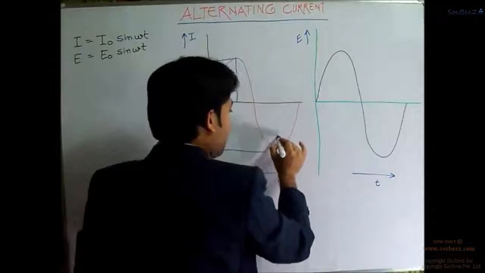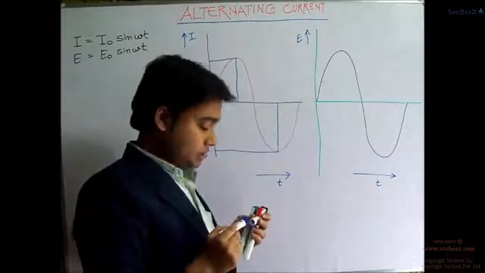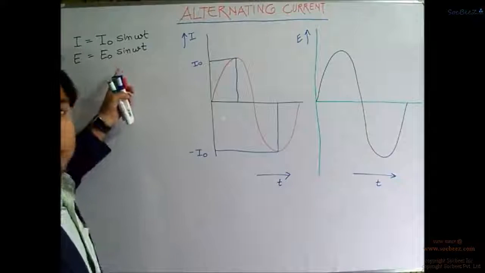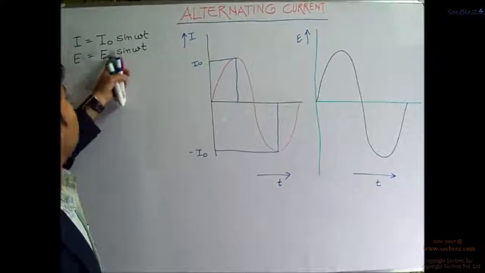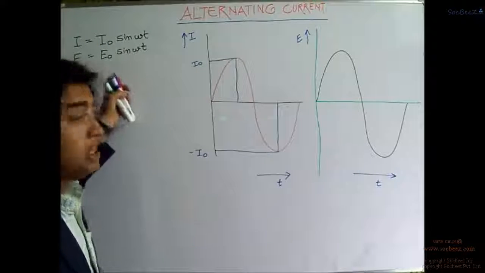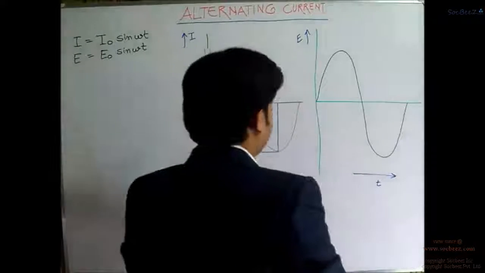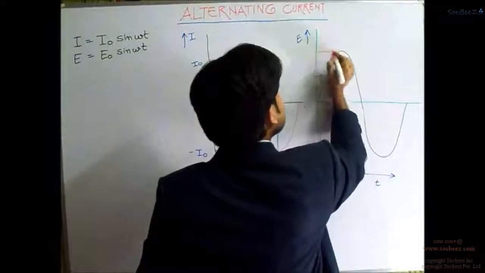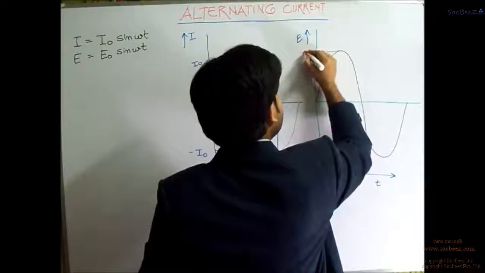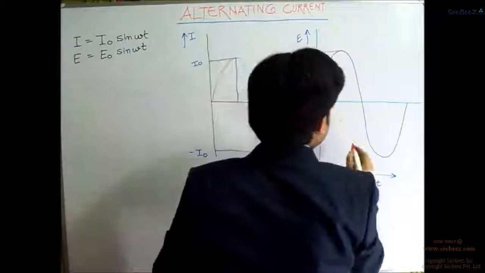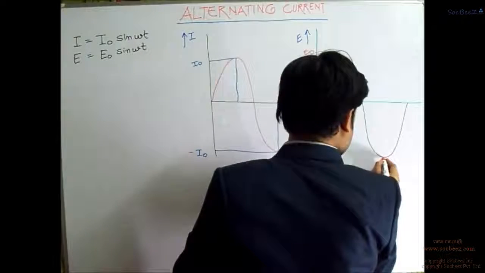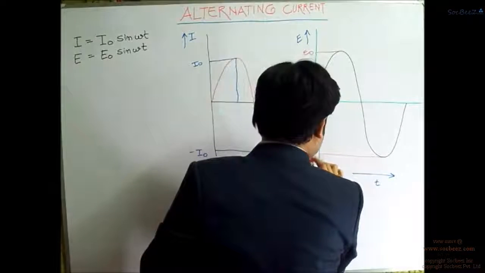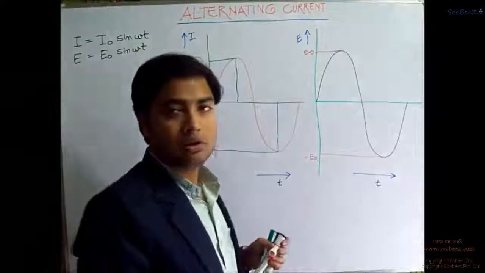And likewise, we could go over here. As for the alternating EMF, we could see the same equation, where the peak value of this alternating EMF is denoted by E naught. So over here this is E naught and this will be minus of E naught, right?